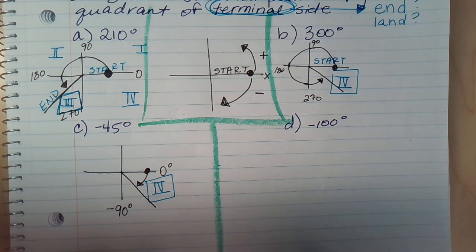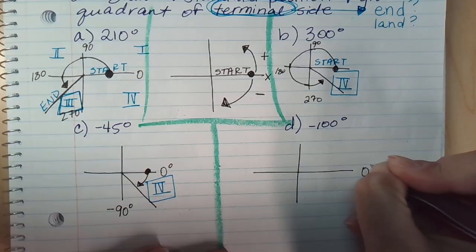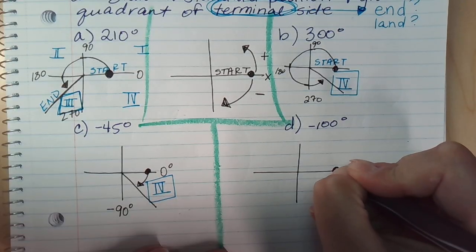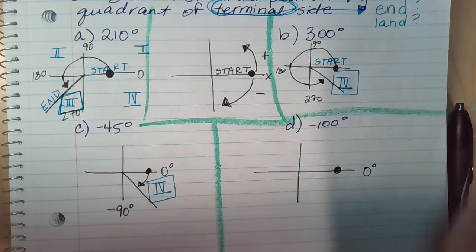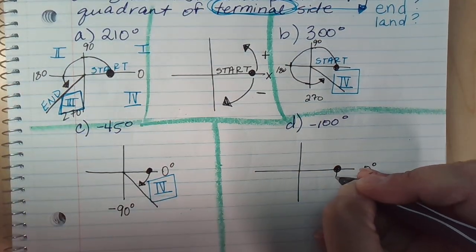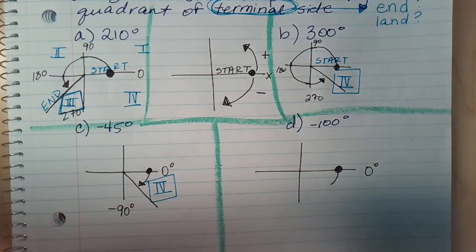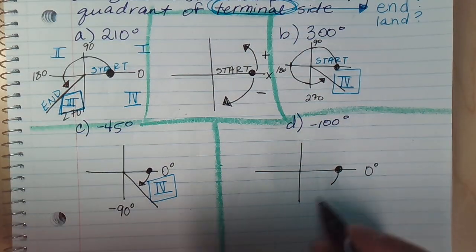All right, let's go again. Negative 100. So we're going to start on the positive x-axis. But because it's negative, we're going to go down. And we're going to go down all the way to 100. So let's see here.